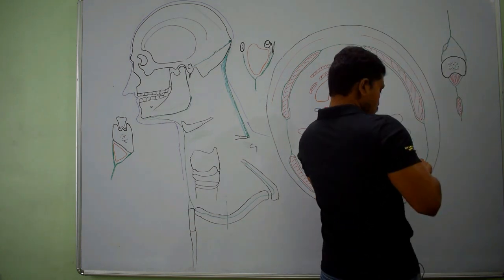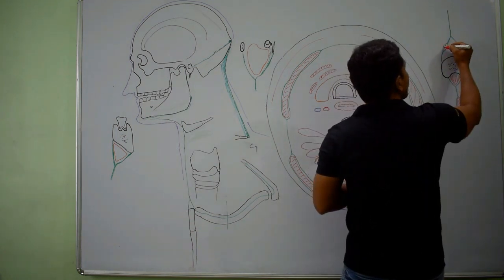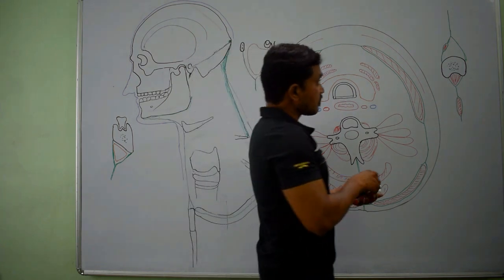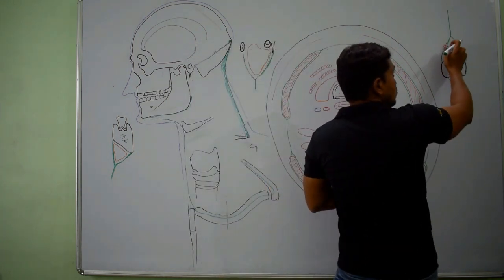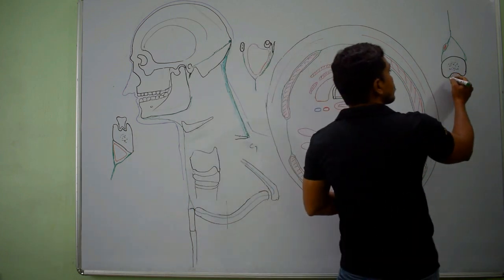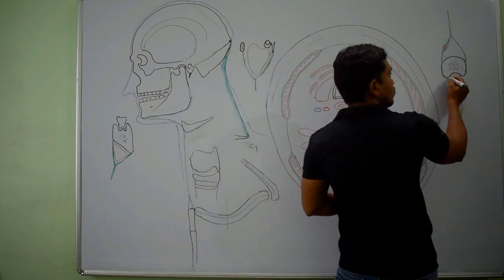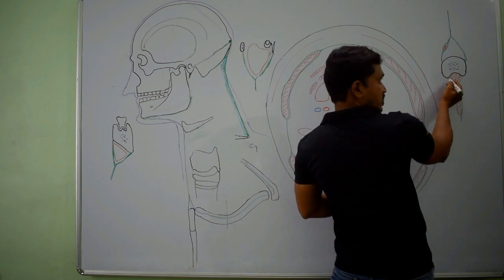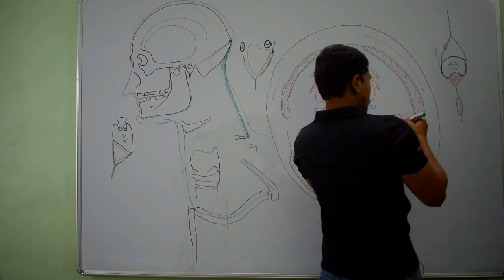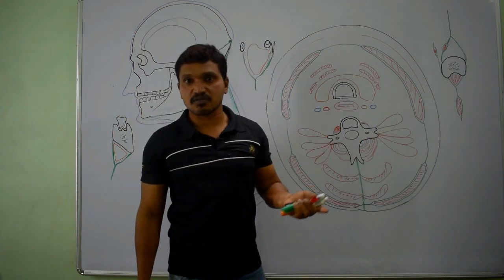According to some authorities, the posterior layer will enclose one muscle and form a fascial sheath. What is this muscle? Inferior belly of omohyoid. But according to some other authorities, it is not enclosed by this fascia, it is enclosed by an upward extension of the clavipectoral fascia. There is some controversy.